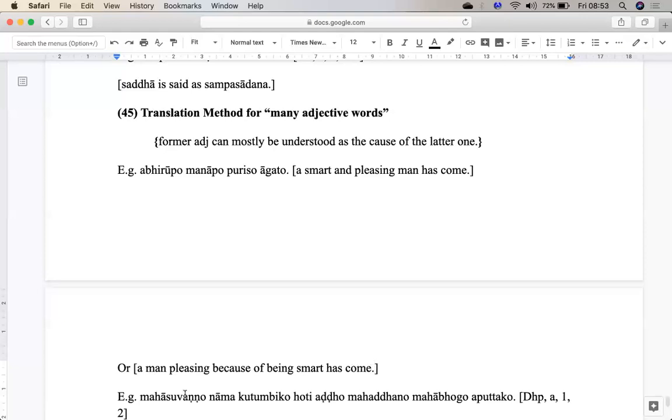Okay, but that is just translation, but we can understand that in Pāli, the former adjectives can be the reason for the later one. Translation is just as simple: smart and pleasing and has come also. But he makes us pleased, he makes us pleased because he is smart. That sense we can understand with this method.